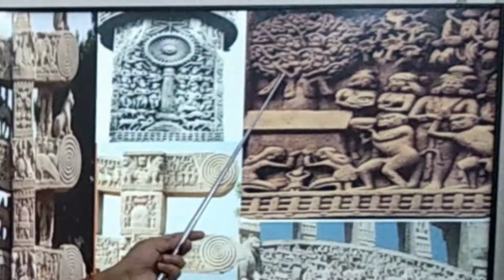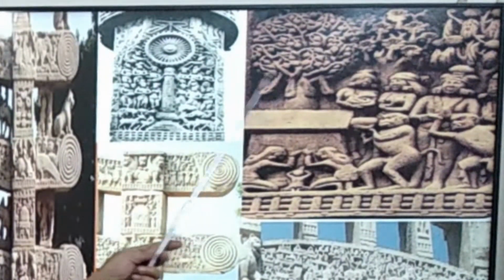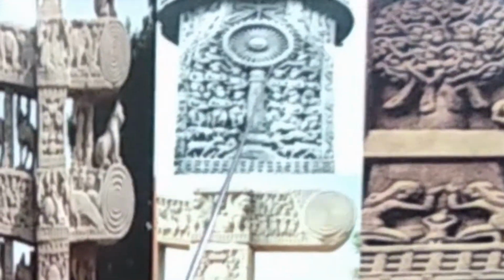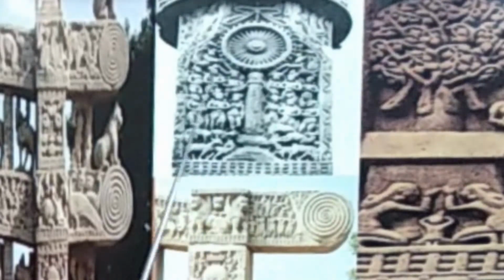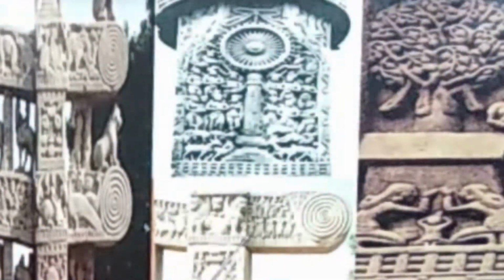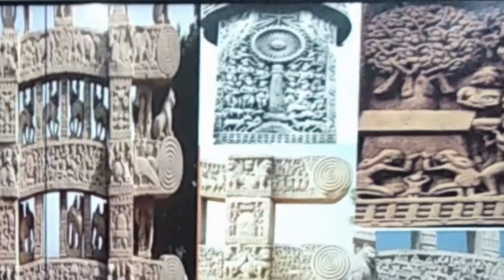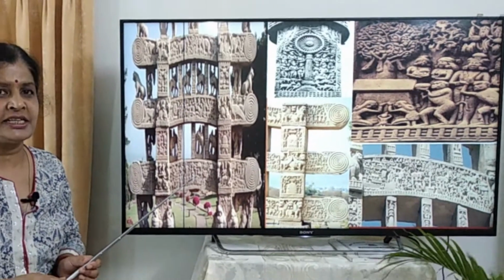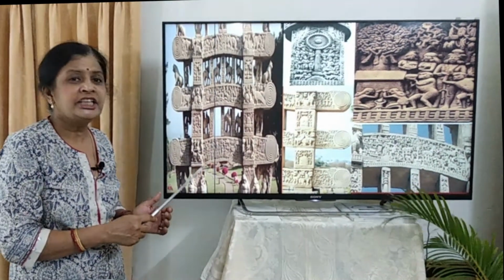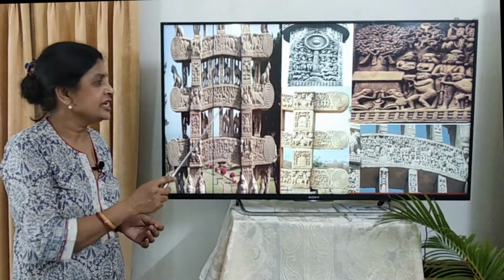This is the tree under which he sat and got the knowledge. This is the Dharma Chakra, which suggests that everybody has to follow the path of Dharma. Similarly, various animals and symbols were used all over to describe scenes from Buddha's life and the teachings of Buddha. Therefore, it is termed stories in stone.